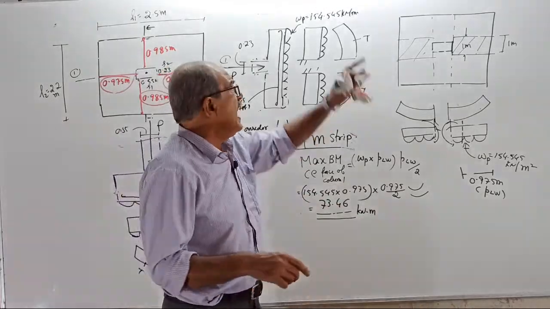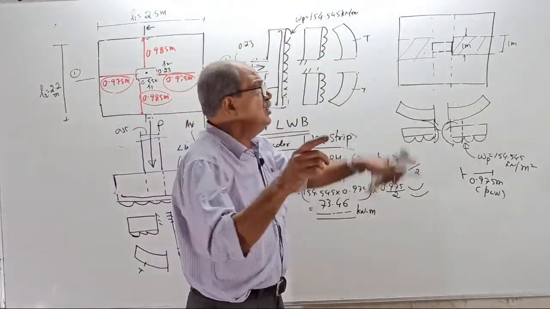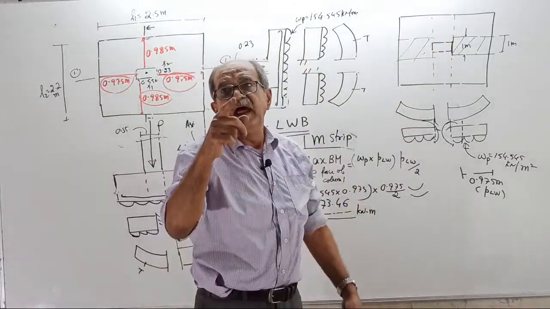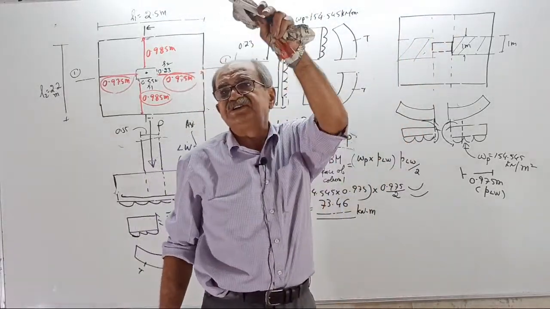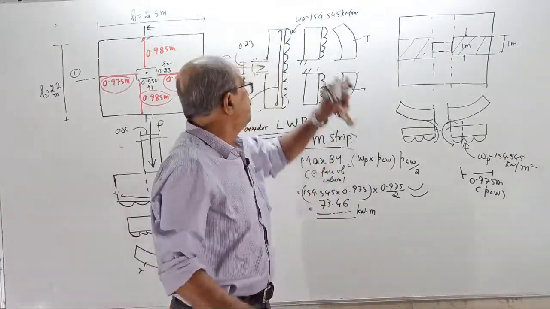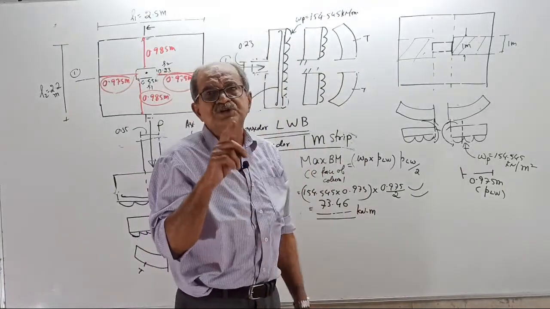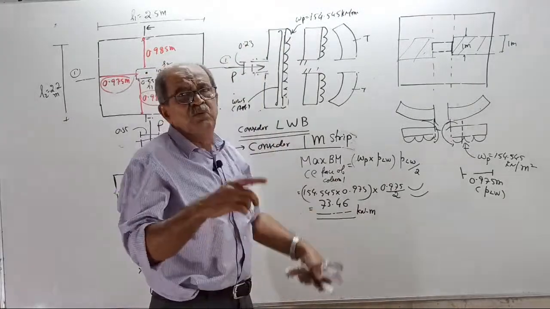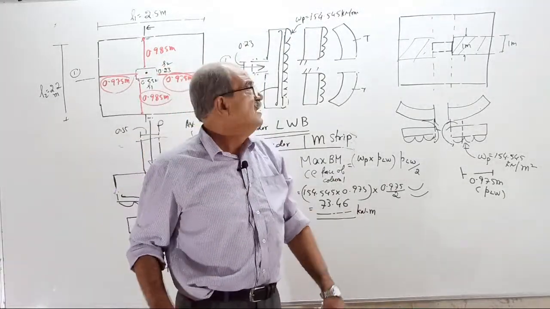But remember, make a note. Maximum bending moment as per IS code, you should consider at the face of the column. But later, when you check for shear, two types of shears are coming. The footing design is one of the most important in a building. You should be very careful. Everything I tell you should write.